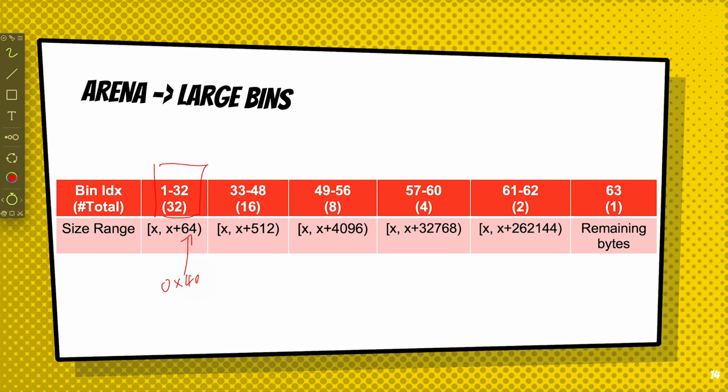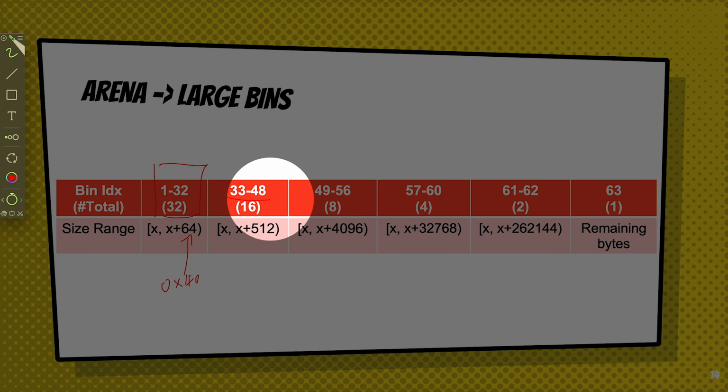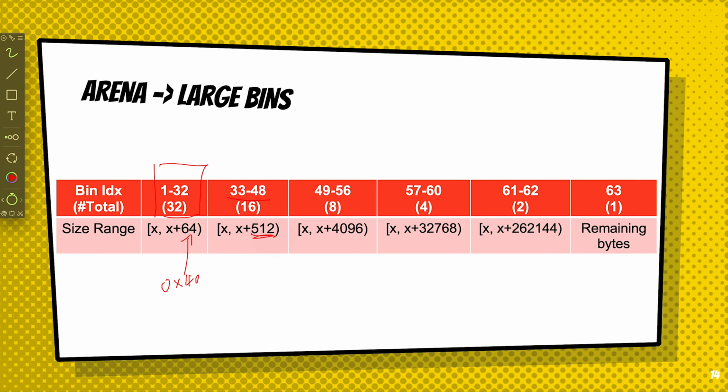Then starting from the 33rd to the 48th, which are 16 bins, the length of the interval is 512. Similarly, the later the bin number is, the bigger the length of the interval is. And the last bin stores all the remaining large chunks.